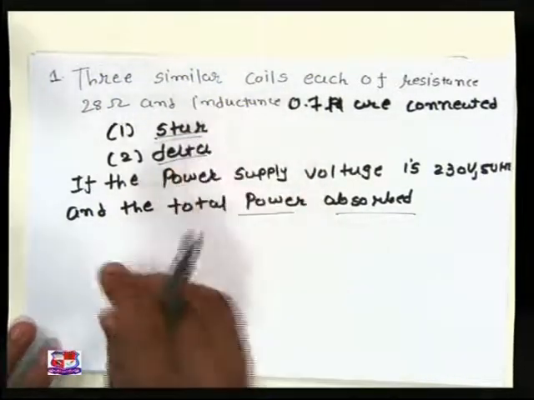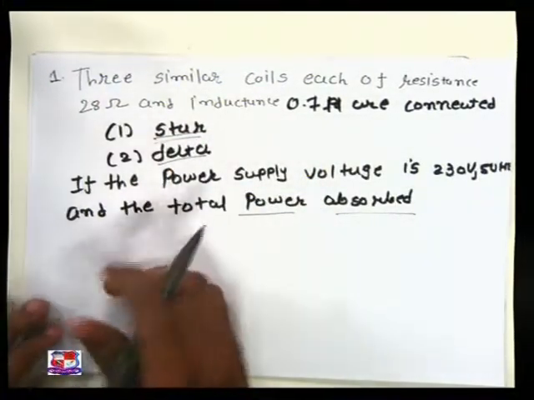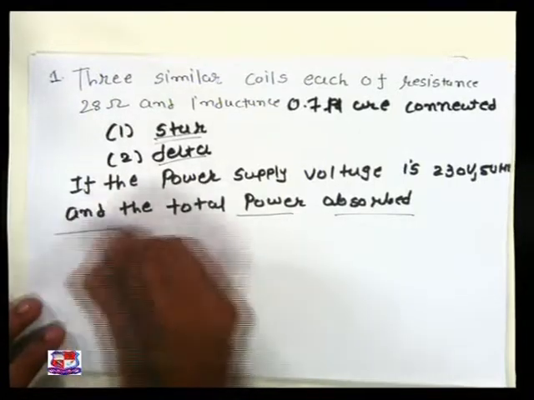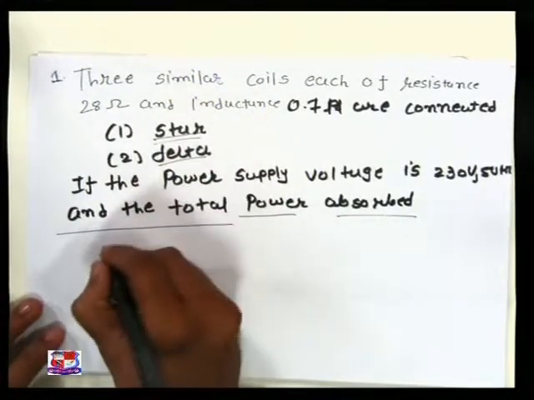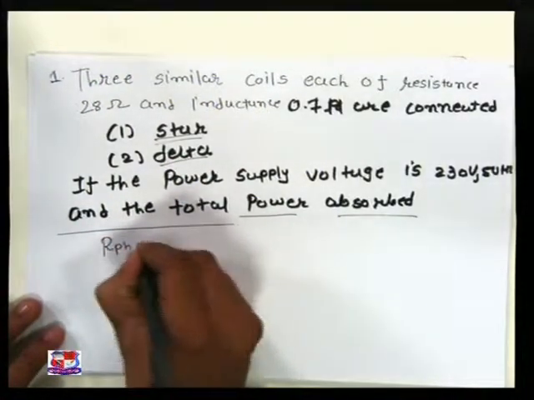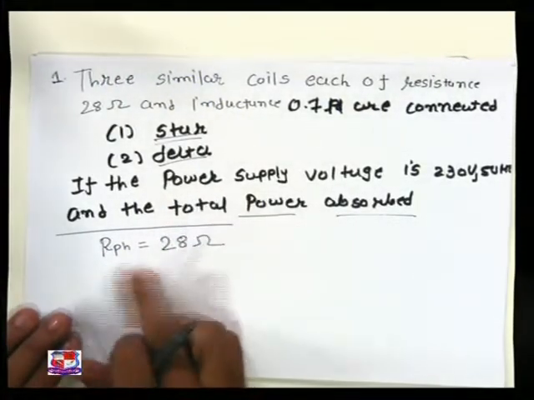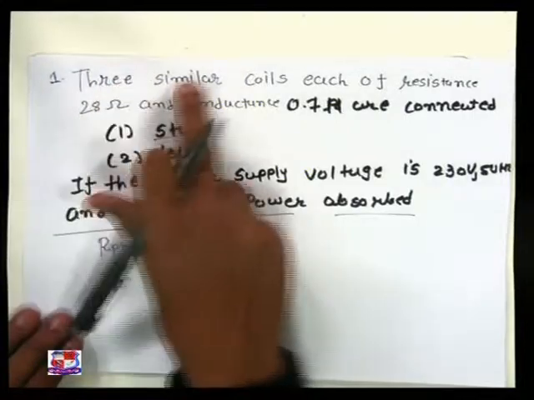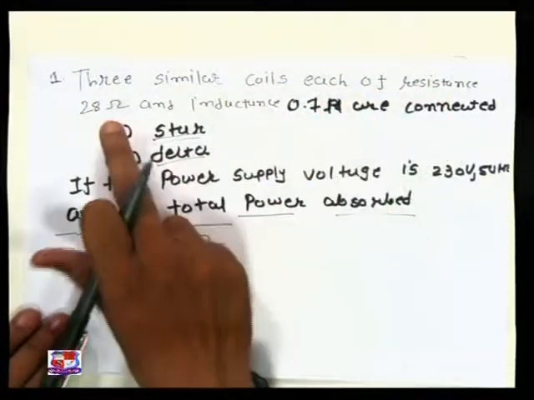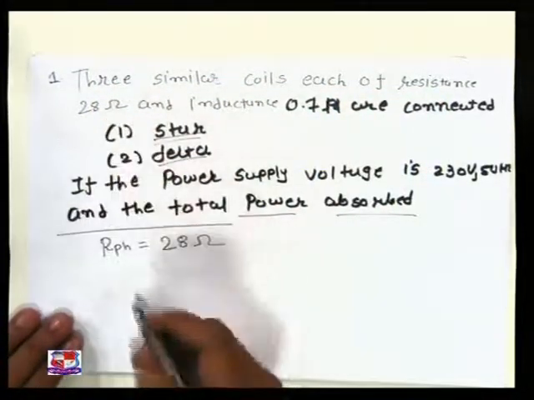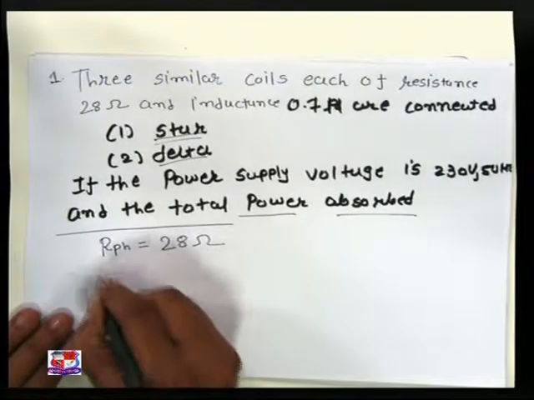Okay, so everyone should first write all the equations and notations given in the example. First we have R phase, meaning three similar coils each of resistance 28 ohm.